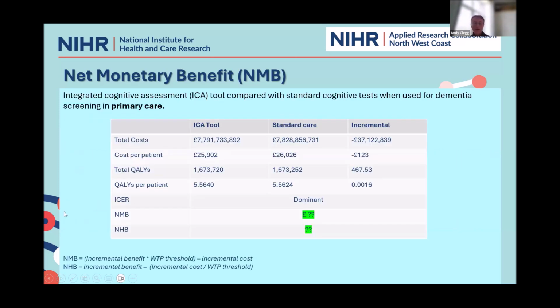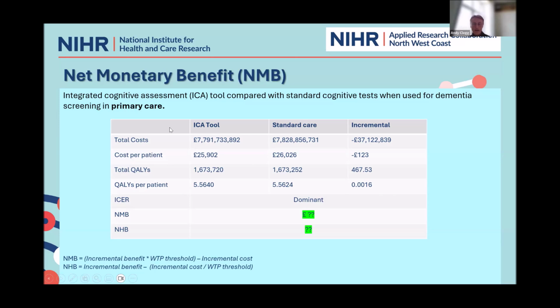So this is another case, another intervention that's been introduced, and some people might recognize it, which has the total cost per patient, total QALYs and QALYs per patient. And what we're going to suggest is that if you want to have a go at working it out, not now obviously, but as part of the homework, you're very welcome to.